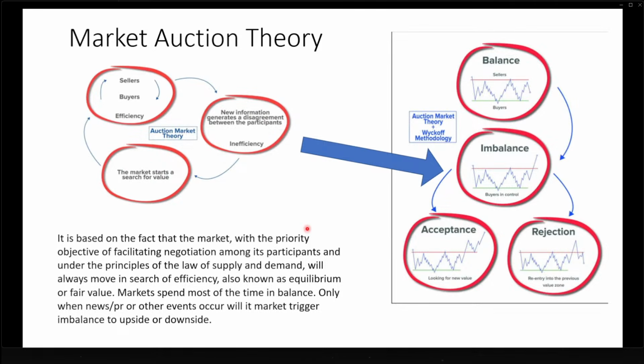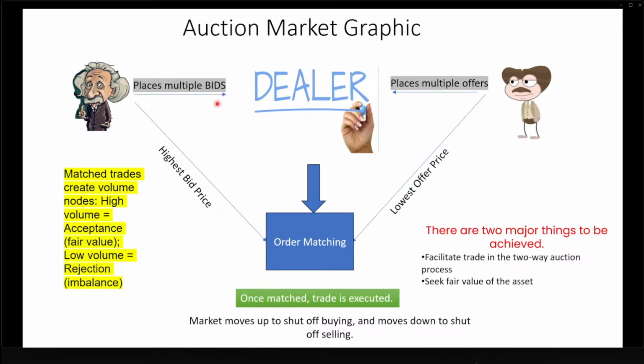The market is just a negotiation tool that matches me and you guys or anyone else, right? You have people that want to buy something and people selling something. If the highest bid doesn't match the lowest offer, you're not getting a transaction. If the highest bid and the lowest offer match, you get an order matched, and then a transaction.